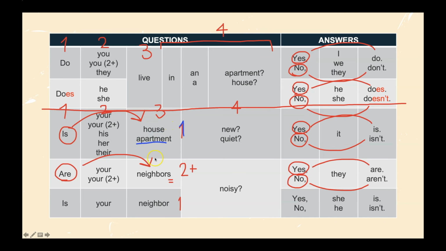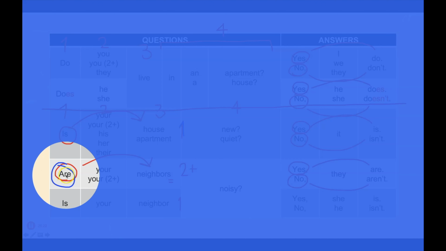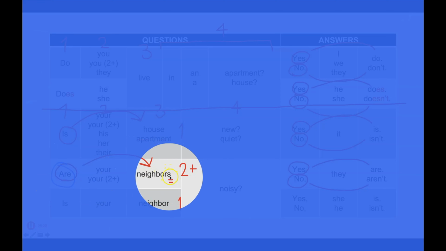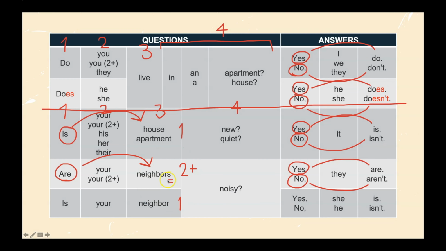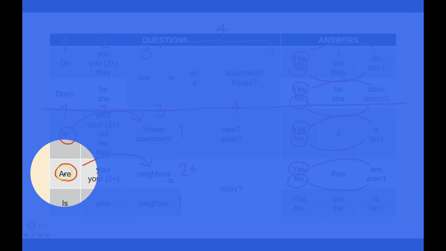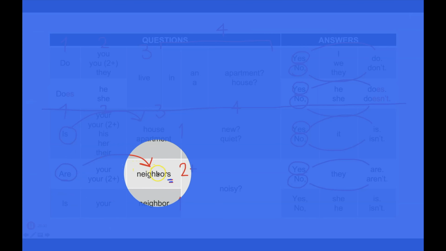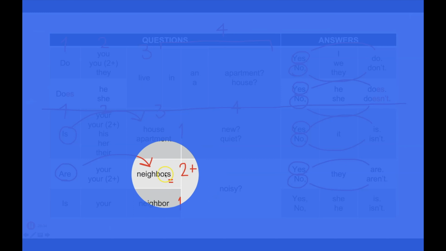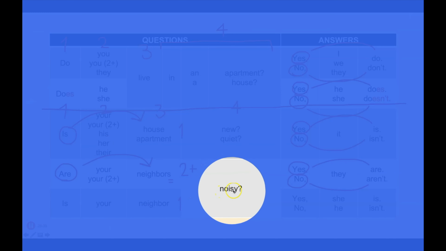We have one. But here we have are. Are your neighbors? We have an S. Are your neighbors? It means that we have two or more neighbors. Are your neighbors noisy?